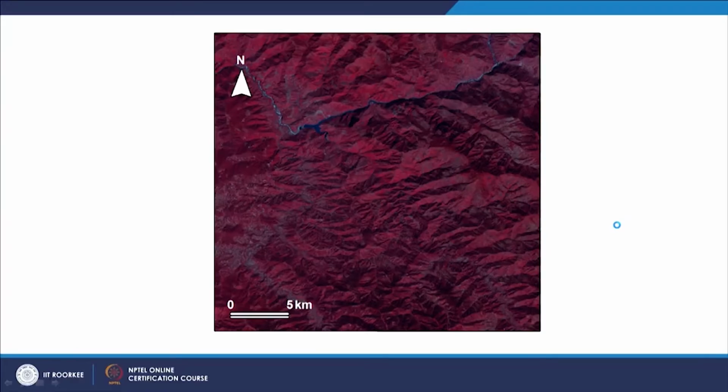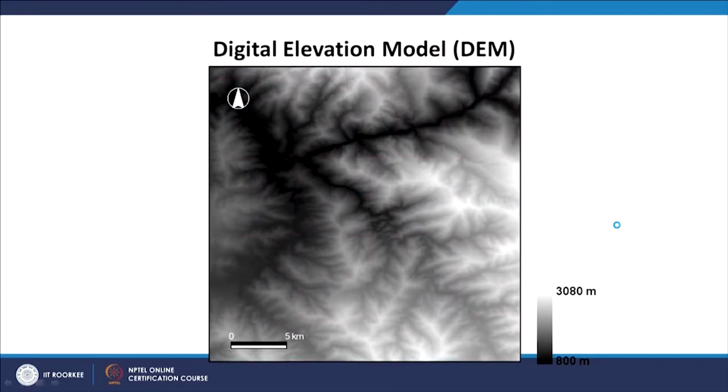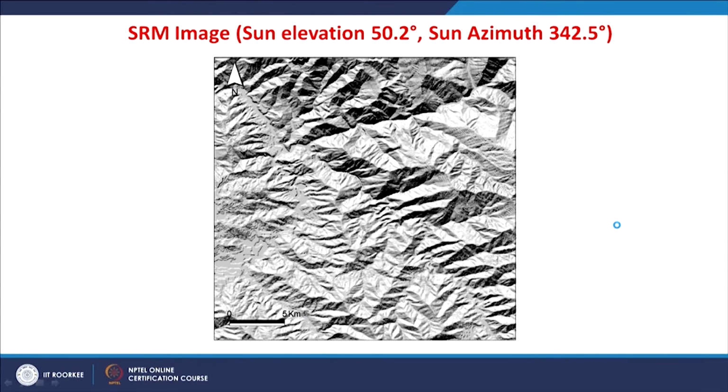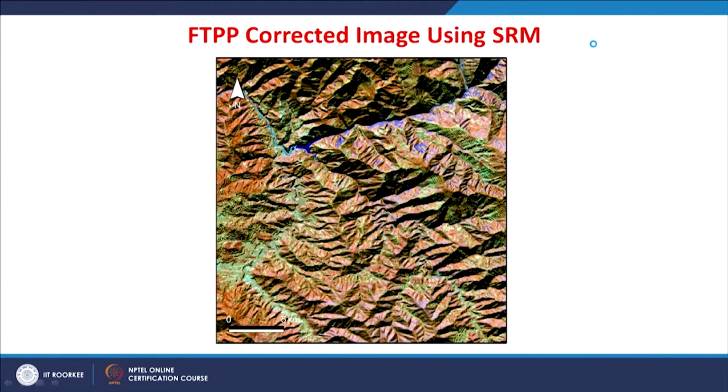Similarly, one more example is here: this is an input image, this is a digital elevation model, and this digital elevation model has been created using the opposite sun azimuth angle, and then you get a new product like that. So, this is the FTPP corrected image. Nowadays, you do not have to create your own digital elevation model.